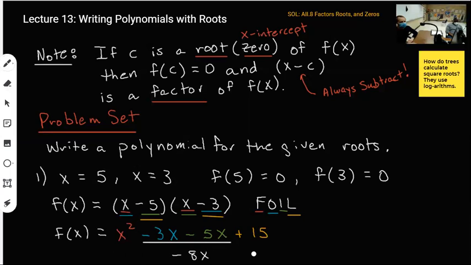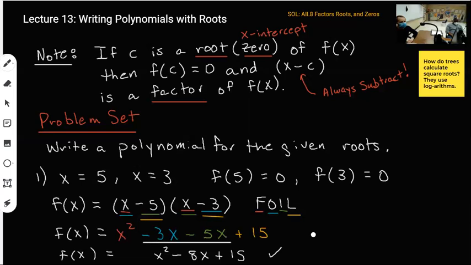So I combine those two terms and I bring down the last two terms on the left and the right side. The +15 I bring down, and the x squared I have to bring down. And then just bring down your f of x and you're done. That is going to be your polynomial.